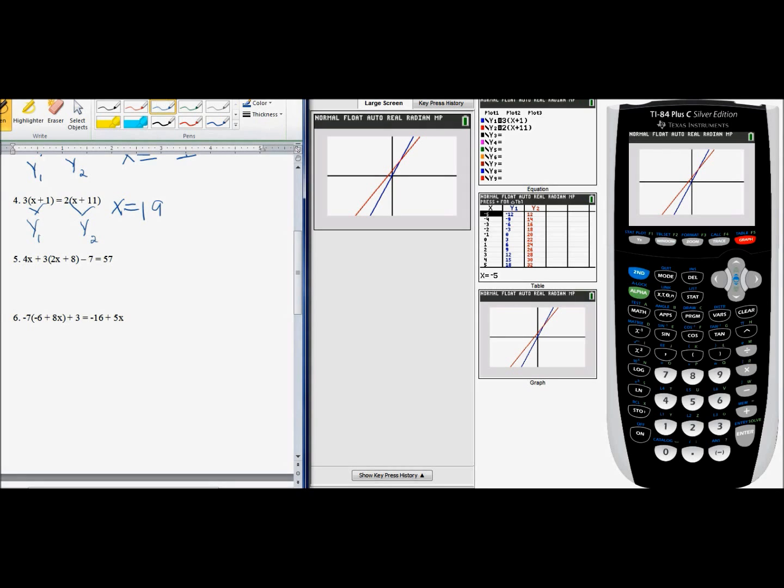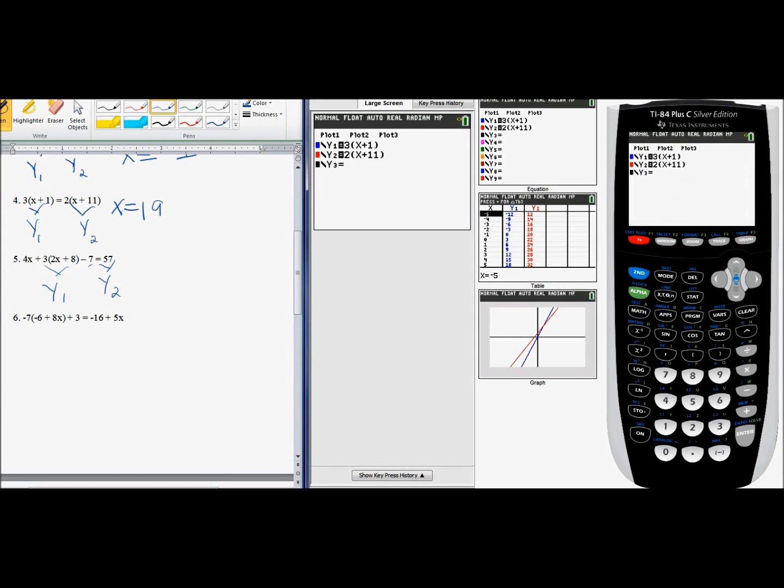Okay, so this side goes into y1, 57 goes into y2. Clear these out. So in my y1 I put 4x plus 3 times 2x plus 8, close parentheses, minus 7. And in y2 I put 57.